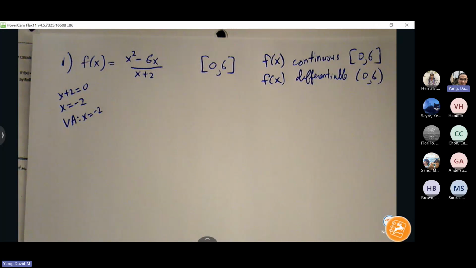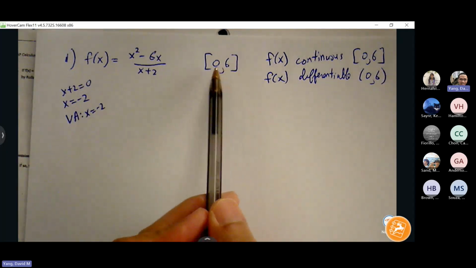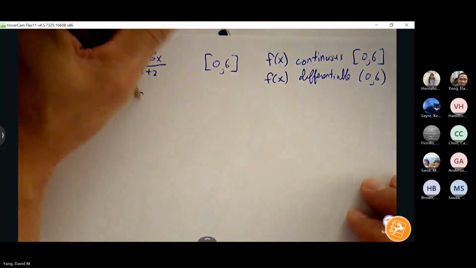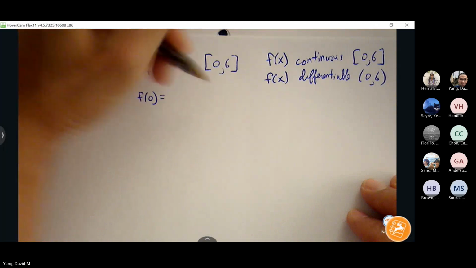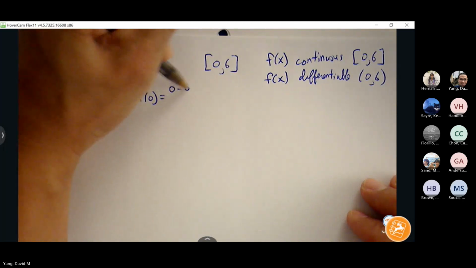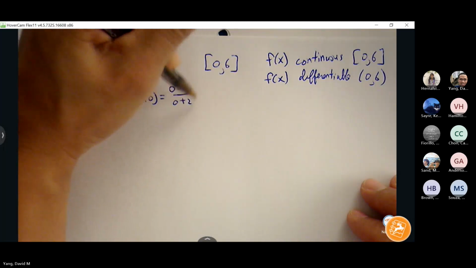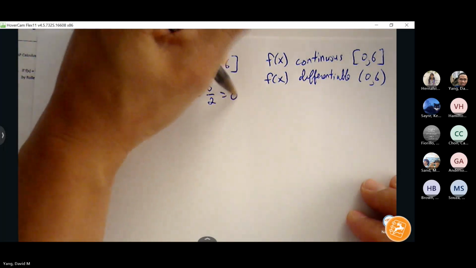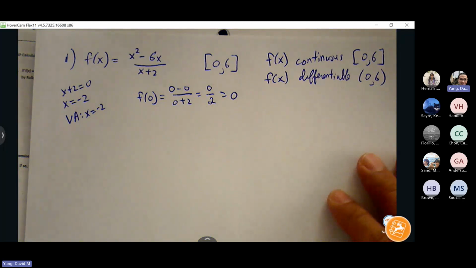Next up, I have to see what's happening at the endpoints, just like how I'm going to approach mean value theorem. I'm going to figure out what is f of 0 and f of 6. And we know that 0 over non-zero is a real number, which is 0.